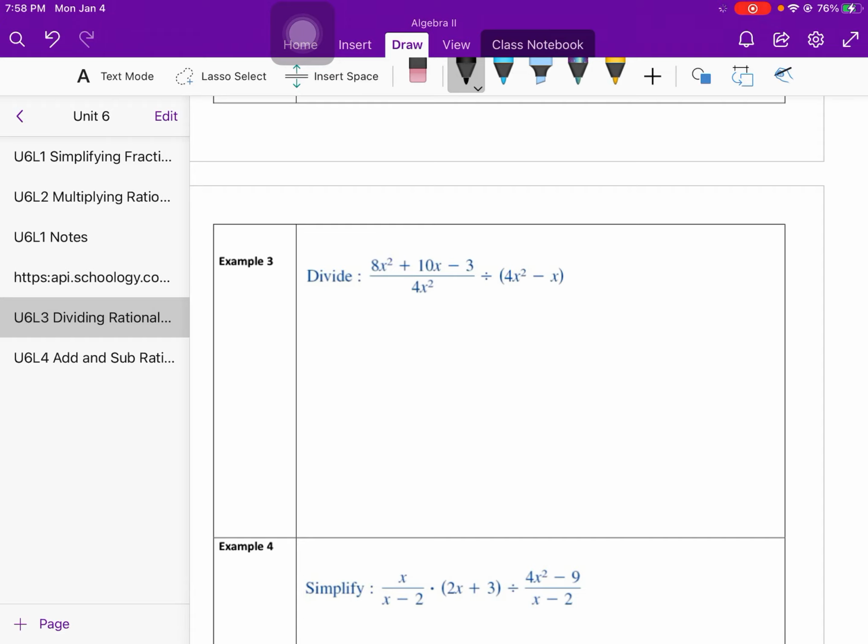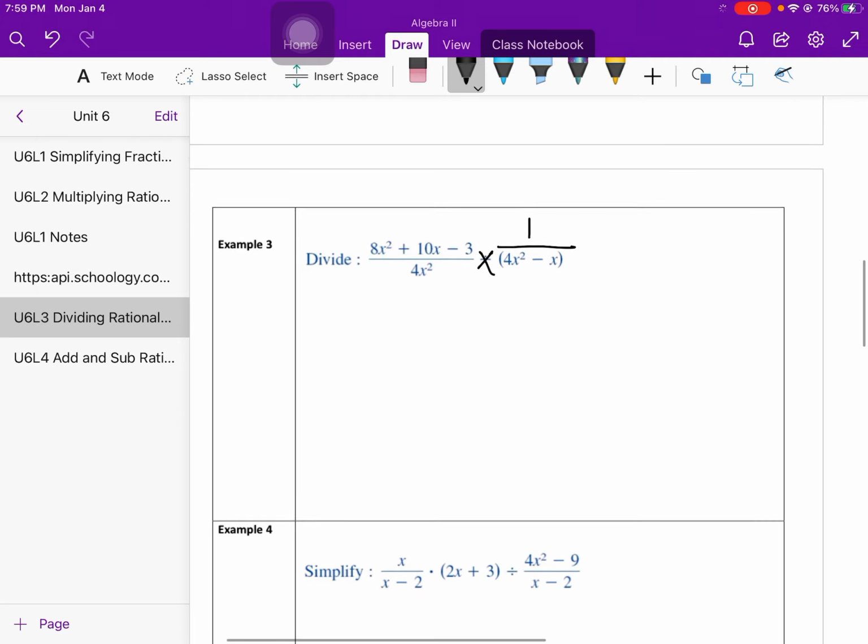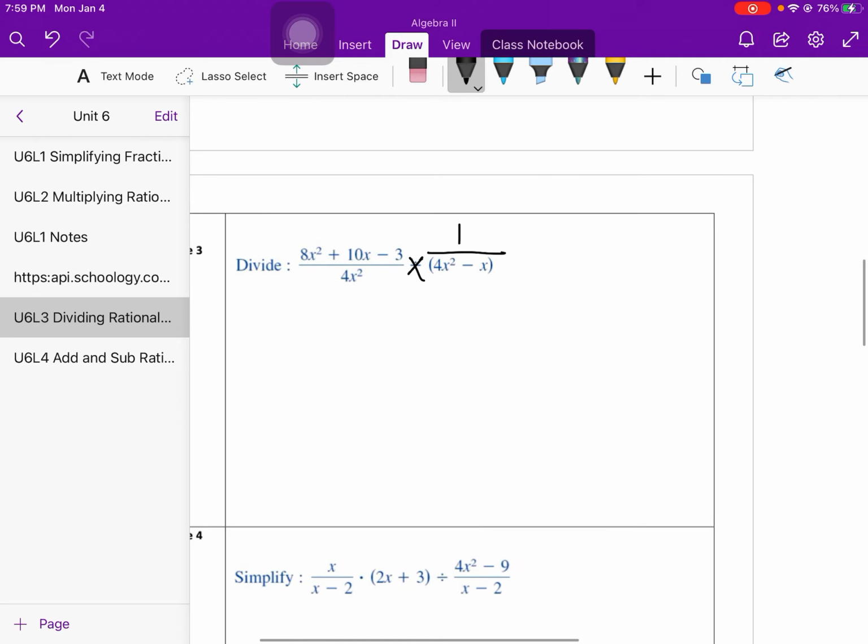So this one, what we're going to do here is remember, if it's just a single term, you can change that into a fraction by putting a 1 there. So for this, if you want, what you could do is just put the 1 on top and now change it to a multiplication, because you know you have to flip it in the end. But we do have to factor that 8x squared plus 10x minus 3.